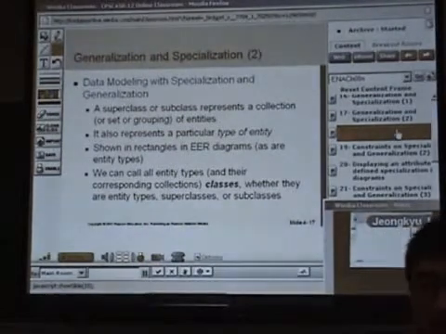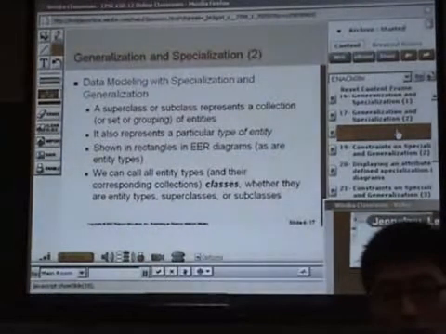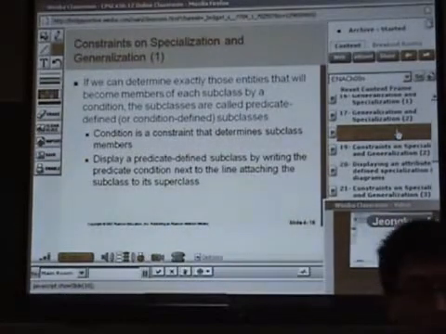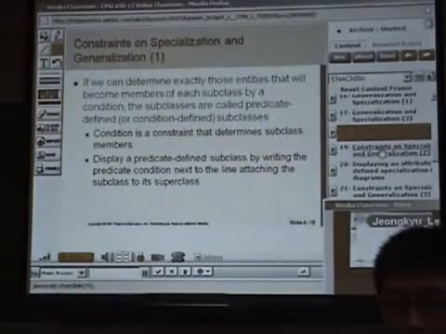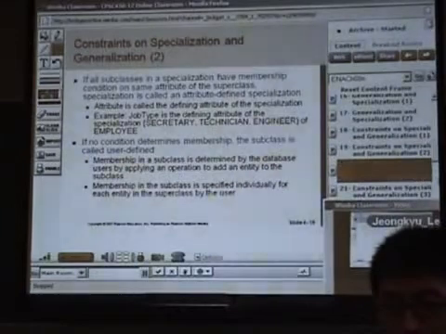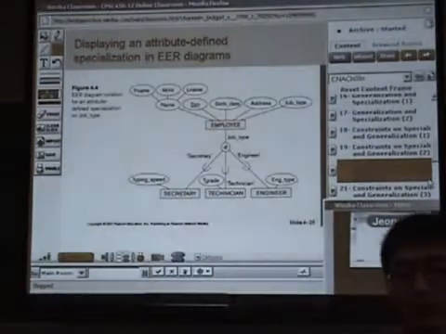Okay. So there are two types of constraint. One is full or partial. Another one is overlap or disjoint. One more thing here.